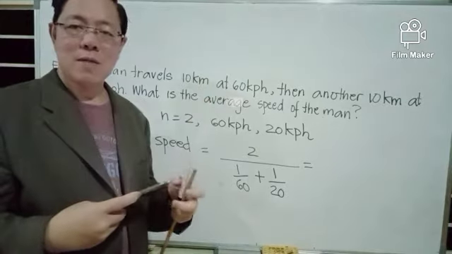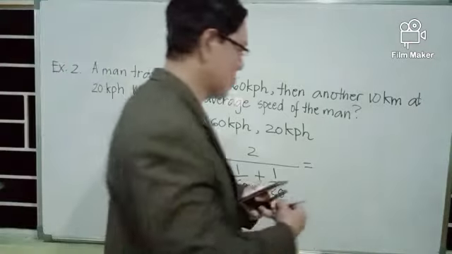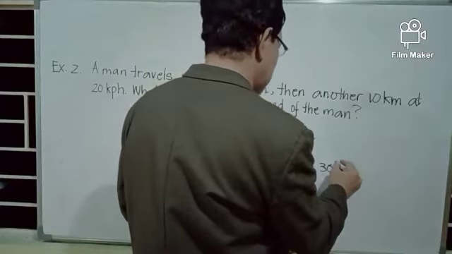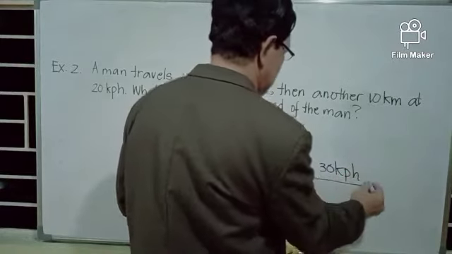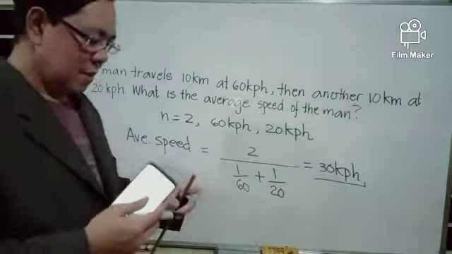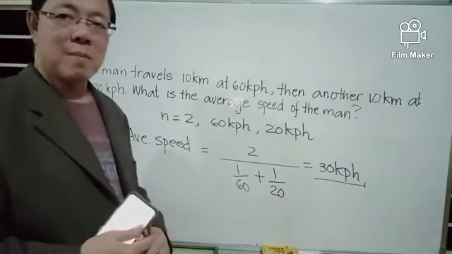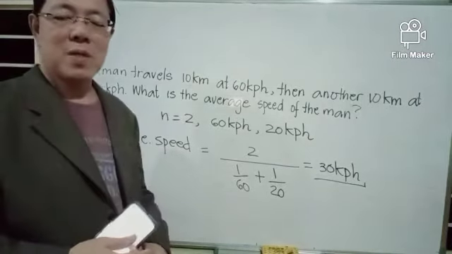And you should get 30 kph, or 30 kilometers per hour. The average speed of the man is 30 kilometers per hour.